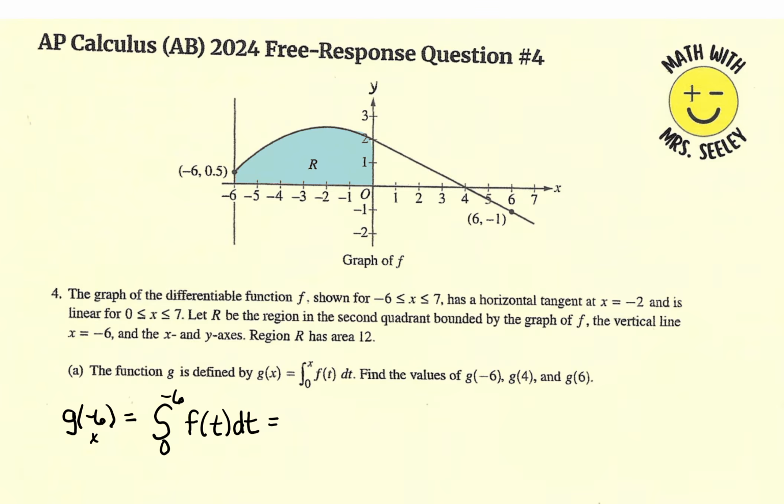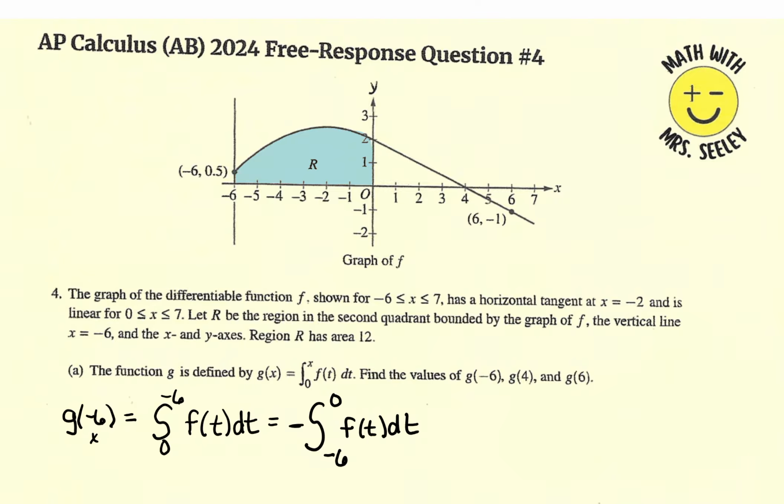Well, first of all, our limits of integration are backwards. We need to rearrange those so that the 0 is here and the -6 is here, because we want our larger limit at the top and our smaller limit at the bottom. And in doing so, we have to put that negative.